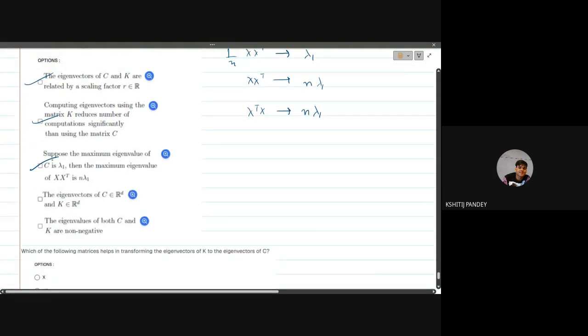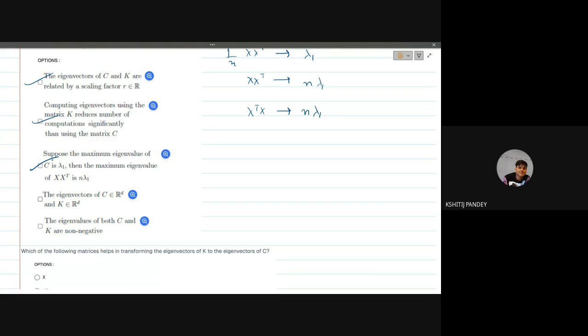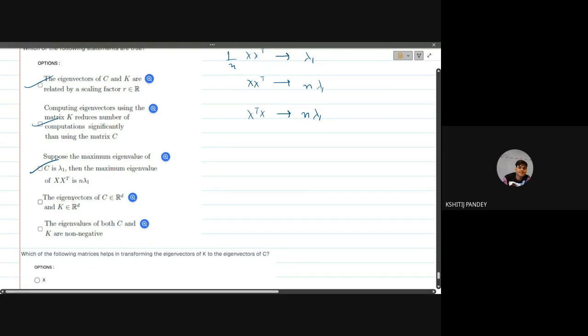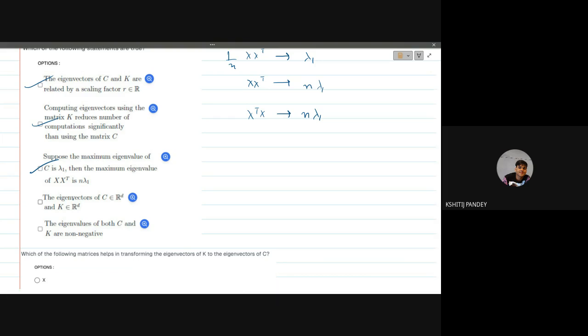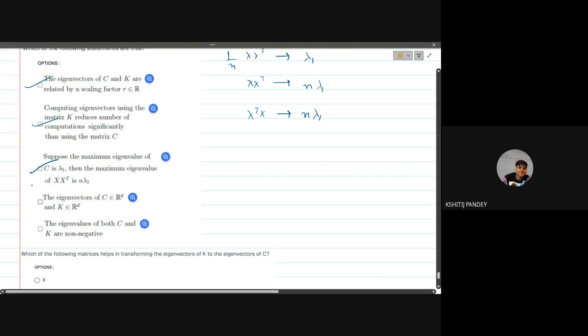The eigenvectors of C belonging to R D, and K belonging to R D. Okay, they're talking about eigenvectors. Yeah. So this is correct, right? Because they are in the same space, but they differ by a scaling factor. Correct? Is this clear? Yes, no. So X X transpose will be n cross n, no? They are talking about the eigenvectors, right? Okay, wait a second. Let me think about it for a second.